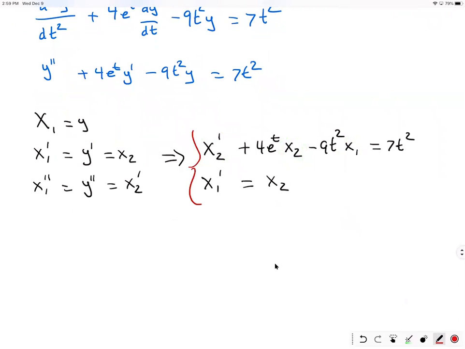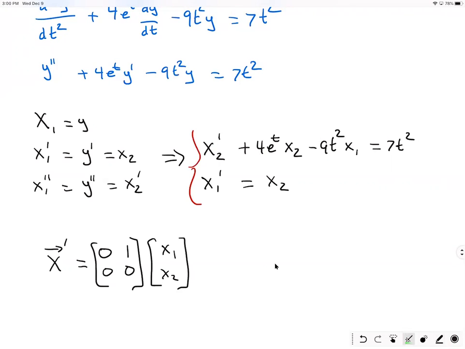So I've converted a second order differential equation into a system of differential equations, all of the first order. And so when I write out my matrix form, this would be 0, 1, 0, 0 times x1, x2.